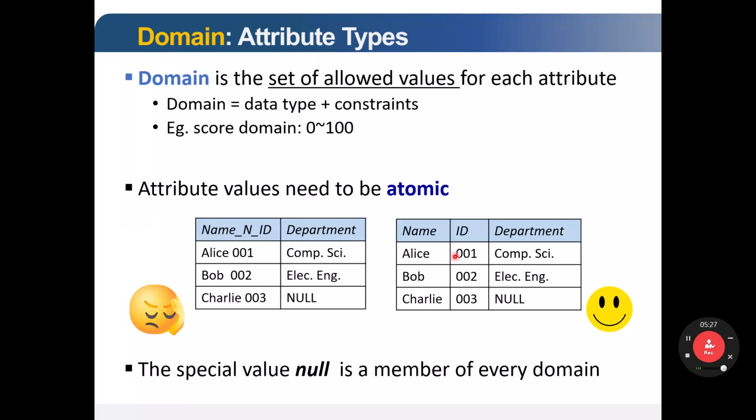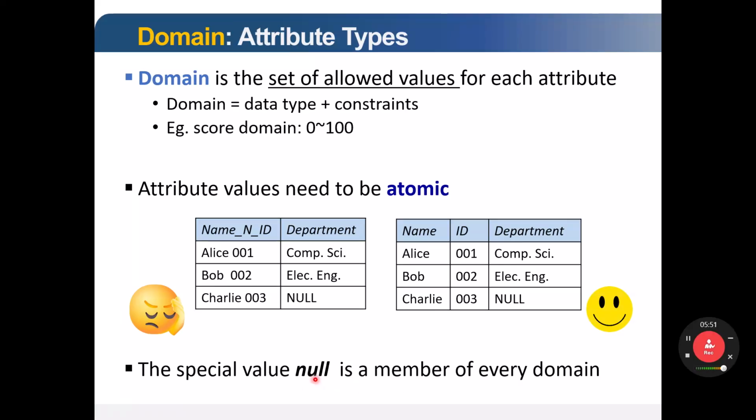And in a DBMS, you can store a special value called null in each cell. The meaning of this null is different from the null values that you use in programming languages. In programming languages, null usually means 0 or false.